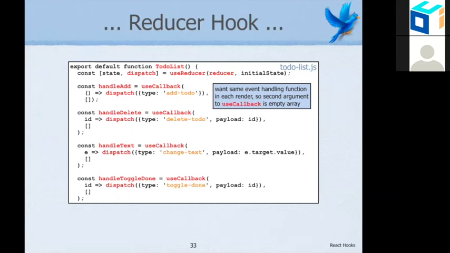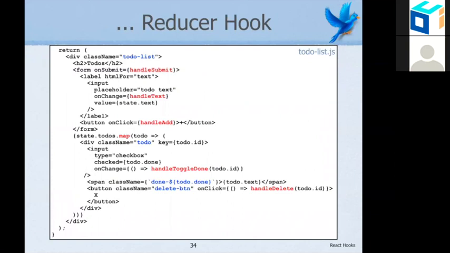And you see that all of my event handling functions are wrapped in a call to useCallback, and they all have an empty array as the second argument. This means that I only want to create these functions one time. So even though the function ToDoList is going to run again on every render, I will not be creating brand new callback functions.